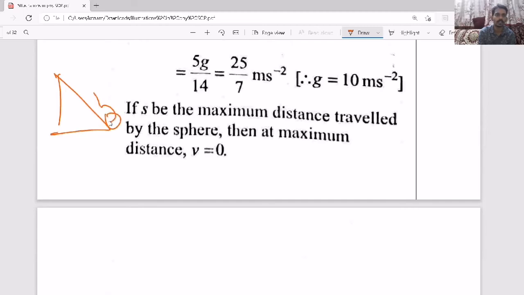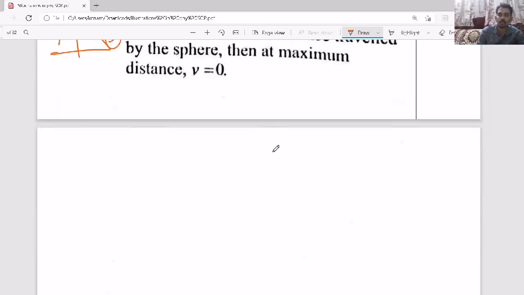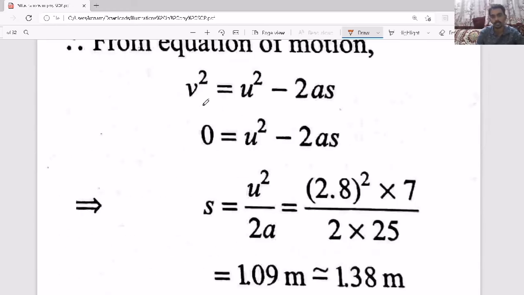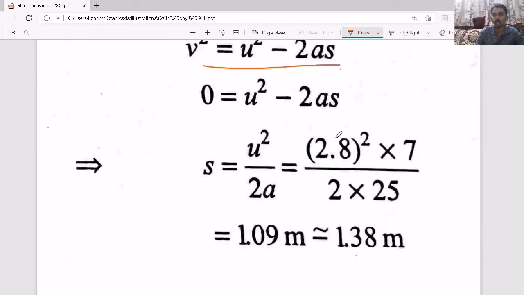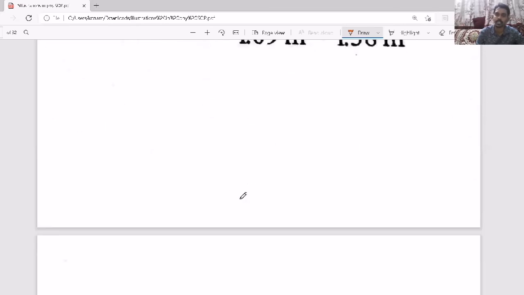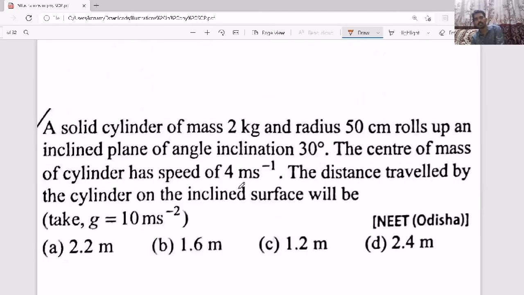When it is rolling up and reaches a particular maximum height, the velocity becomes 0. So you can apply the formula v square minus u square equals 2as. If you apply the u value they have given and the a value we found, then you will get the distance covered along the inclined surface.